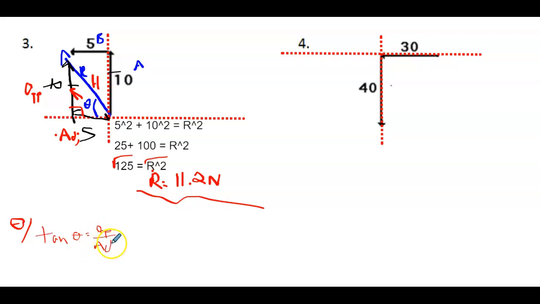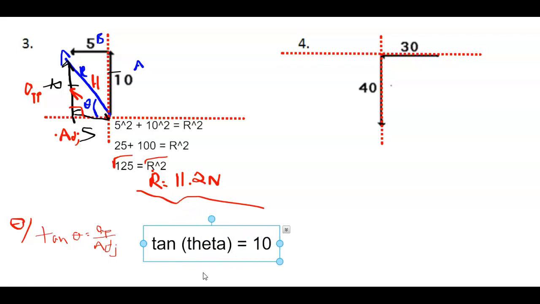I'm going to type this because it's really sloppy. Sorry about that. If I'm doing this as a fraction, the opposite side was 10, so tan of theta is equal to 10 divided by 5.